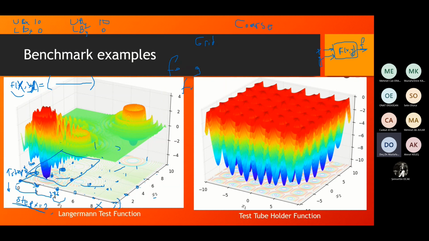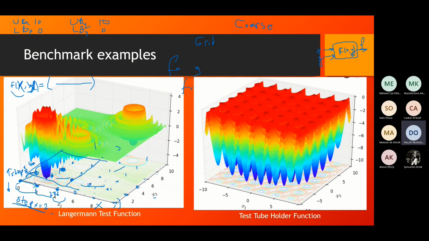The new lower and upper boundaries of x will be 0 and 4, and for y, let's say the lower boundary is 1 and the upper boundary is, sorry, 5.